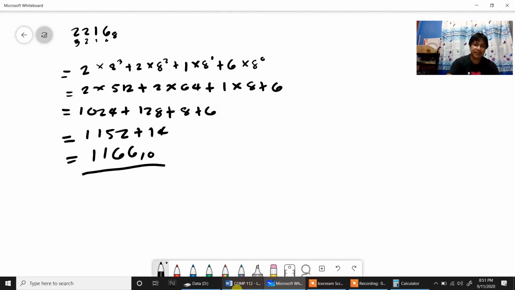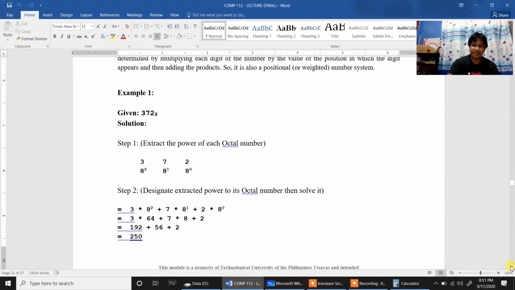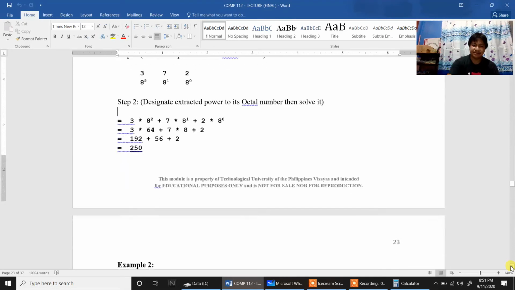So now the last. Okay, the last one is, I think the process is still the same.